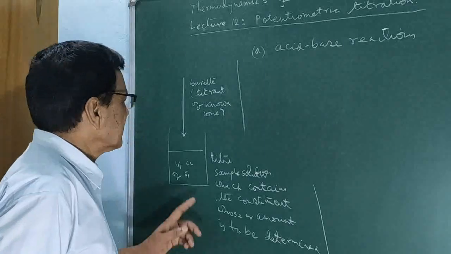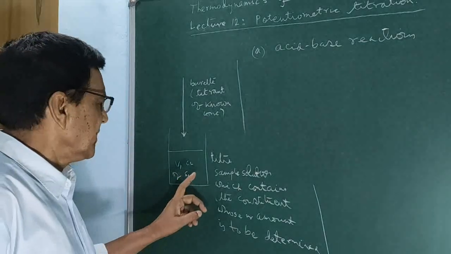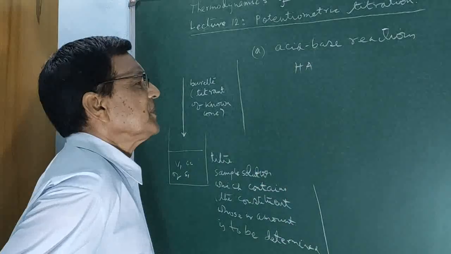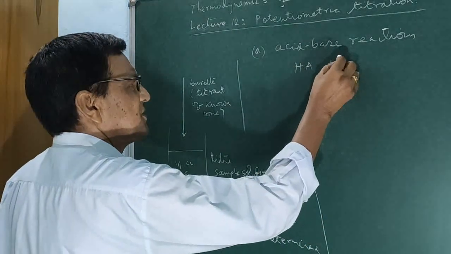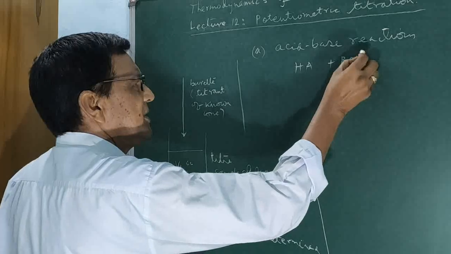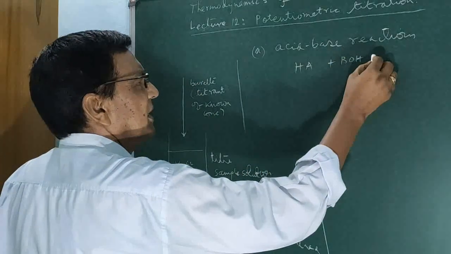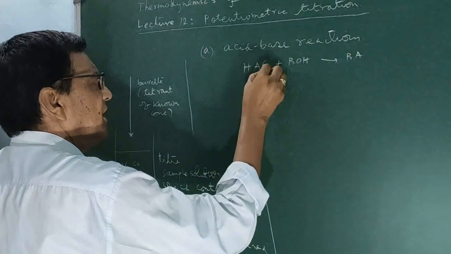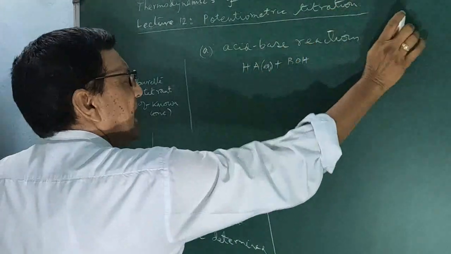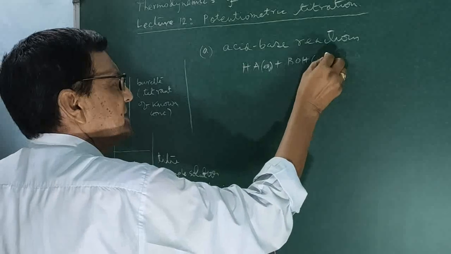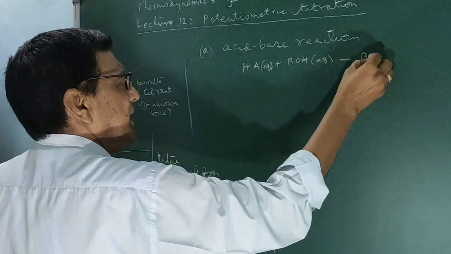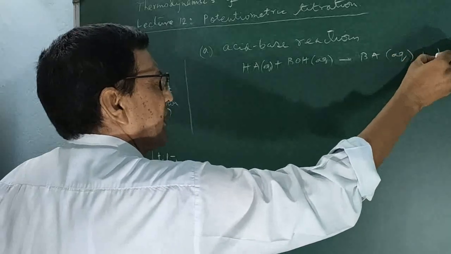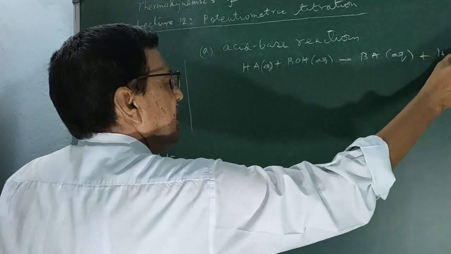In this case, the acid is generally taken in the titer, and this HA reacts with the base BOH. The base is taken in the burette, giving the salt BA, all in aqueous solution, plus water liquid.